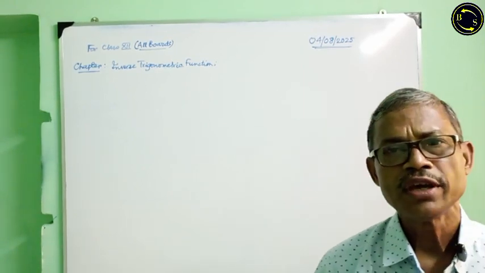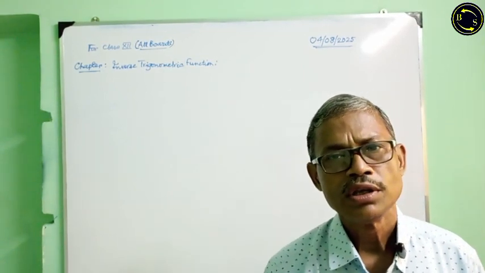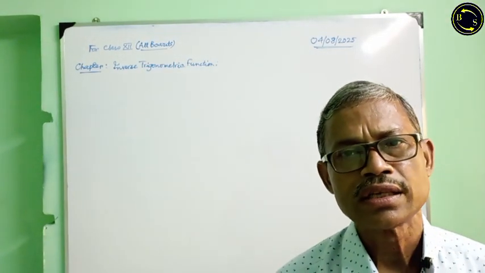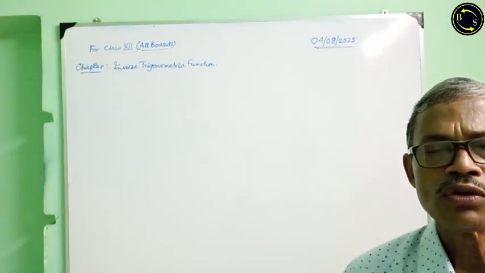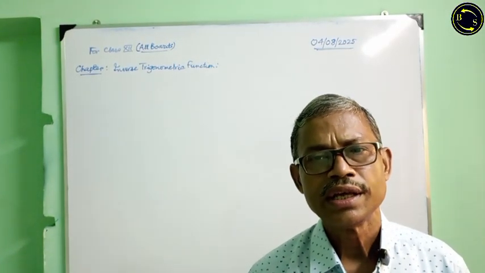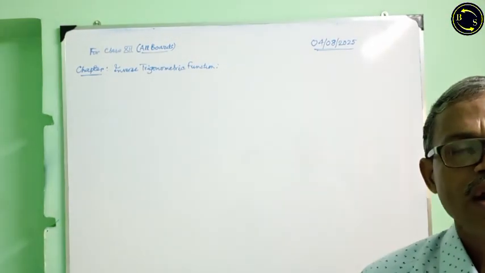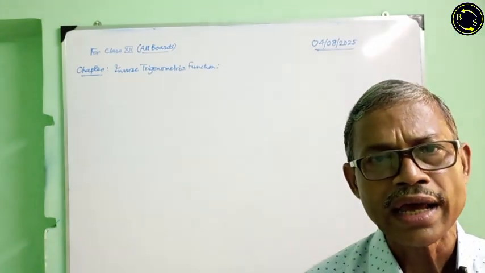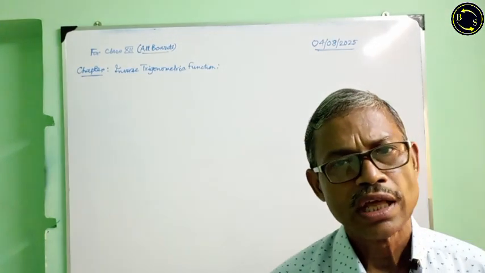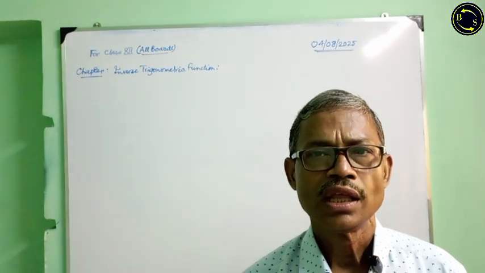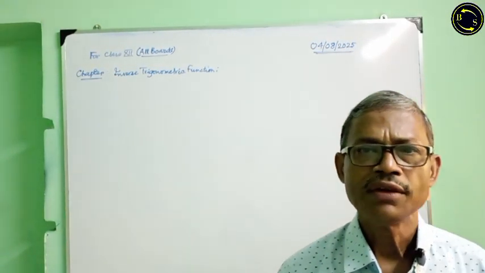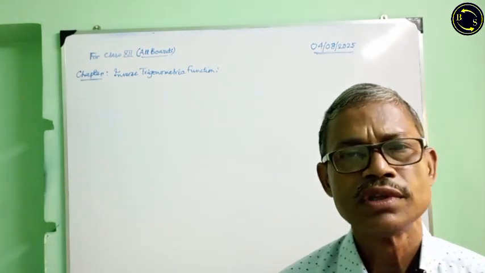If f be a function from set x to set y, where x and y are non-null sets, such that f is 1 and 1 and onto, or injective and surjective, then we say the function f is bijective.